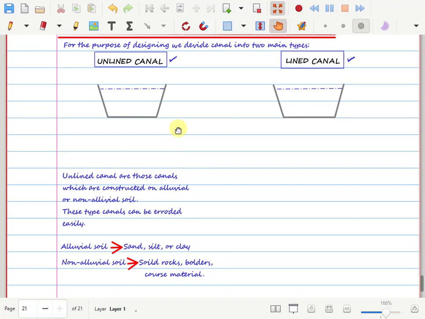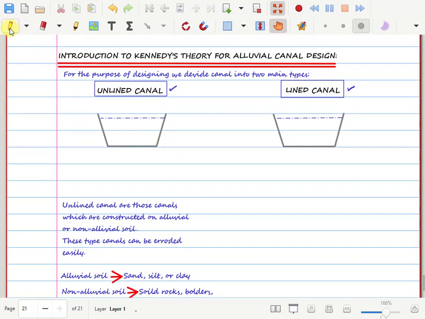The other thing you must know about unlined canals is that, as unlined canals are made up of sand, silt, or clay, what is going to happen? If water passes through this canal, obviously, what is this? This is your side slope, right?